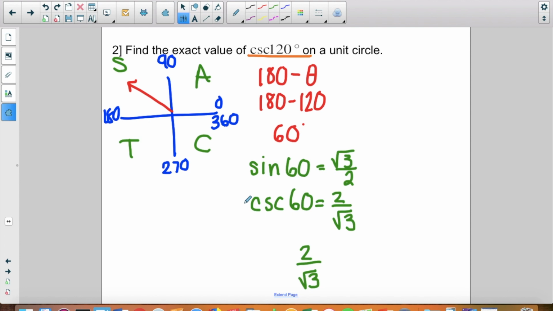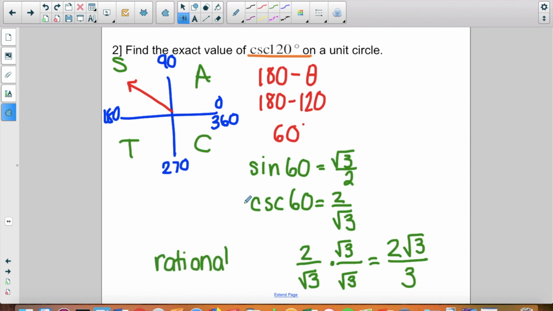Now, just to do a little bit of review, if you want to rationalize this, you can multiply the numerator and denominator by radical 3. So you would get 2 times radical 3, which is 2 radical 3, and radical 3 times radical 3 is just 3. This is your rationalized answer.